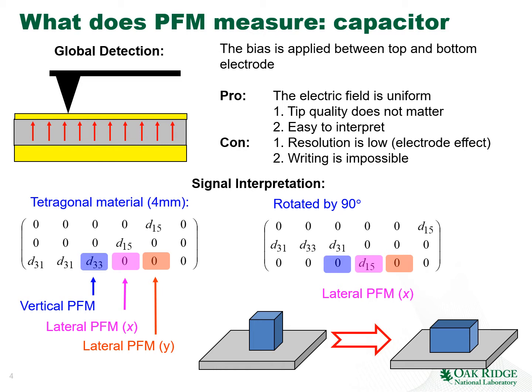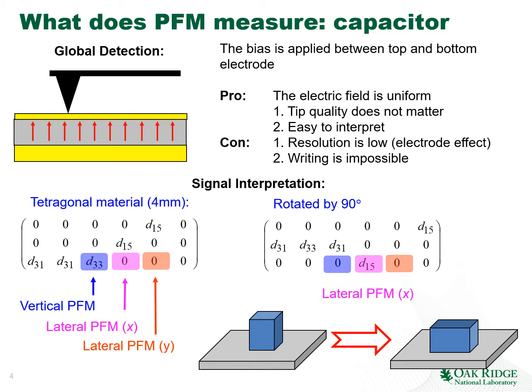If the material coordinate system and the laboratory coordinate system coincide, the PFM signal would be exactly D33, and the lateral PFM signal in the x direction and the lateral signal in the y direction would be these coefficients of the tetragonal piezoelectric tensor.